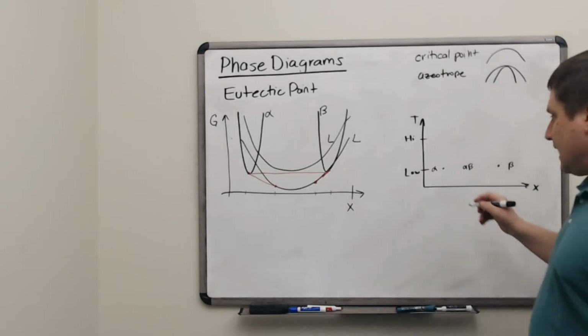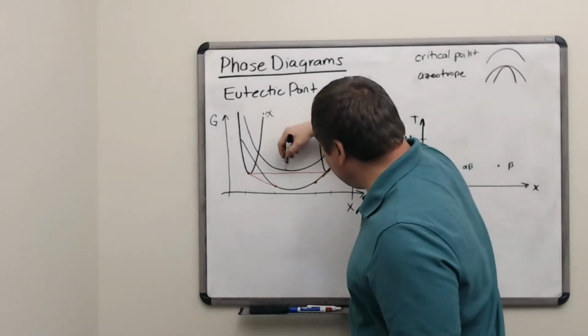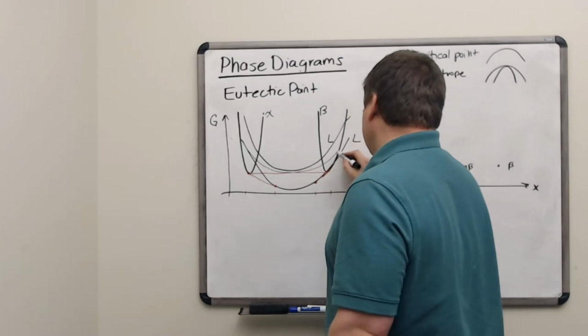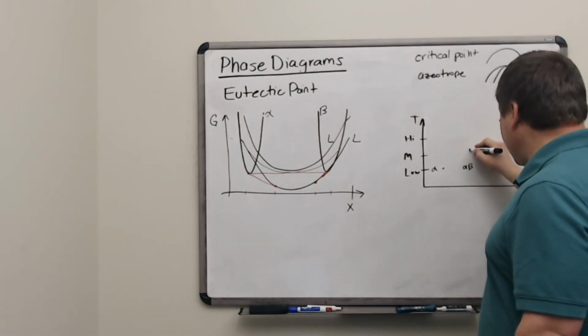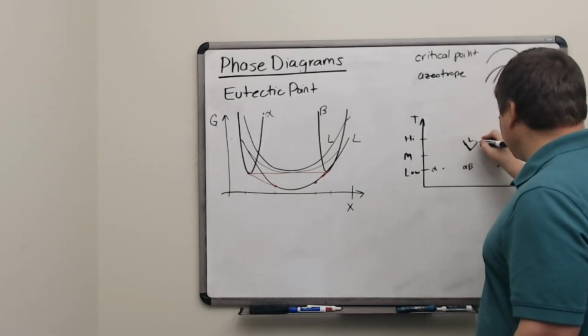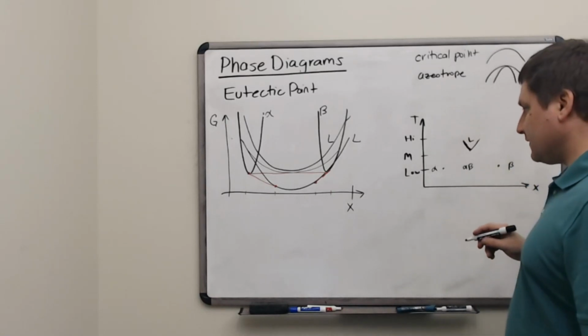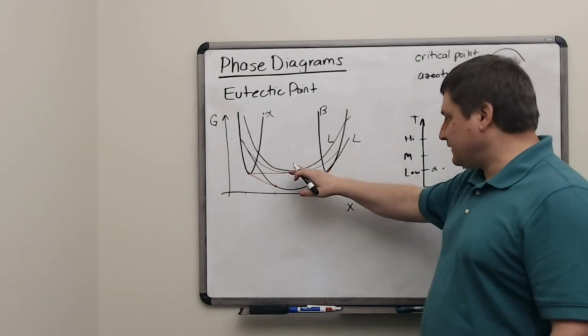Now, at some middle temperature here, this liquid line will just come down and become tangent to that convex hull, and it will break the convex hull in half. So we're going to have a point here at M where a liquid state suddenly appears. And as soon as that liquid state appears, the line that joined alpha and beta is destroyed. It's busted in half immediately.